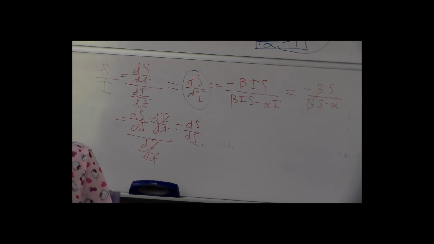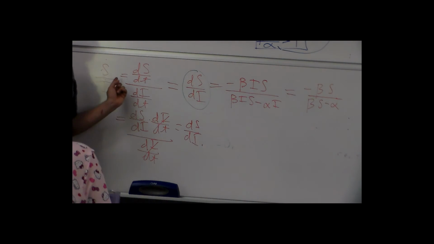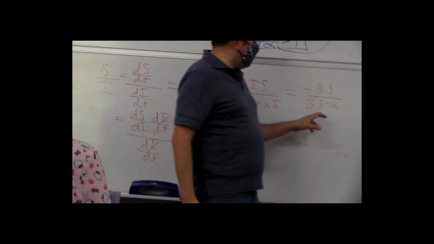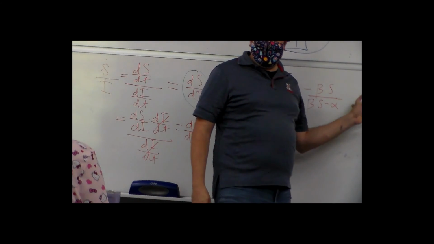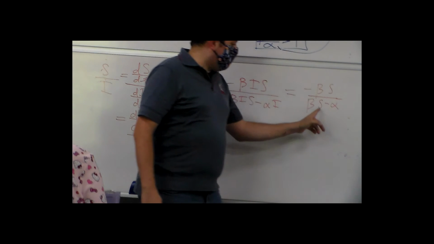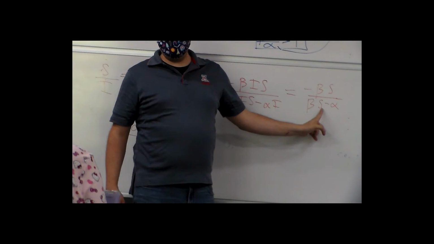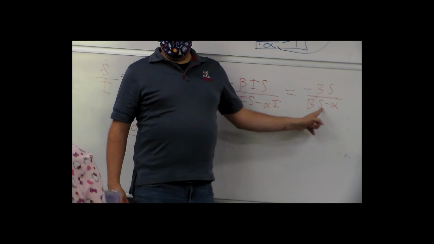And what's that geometrically? The slope of the tangent line. Yeah, slope of the graph, right? s to I. So this would be the slope of, if I graph this thing. So Melindy, back to your question about when s is equal to alpha over beta, why I'm asking that is when s equals alpha over beta, this thing is infinity. Why does that make sense?